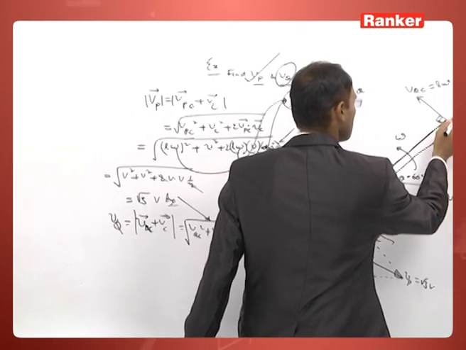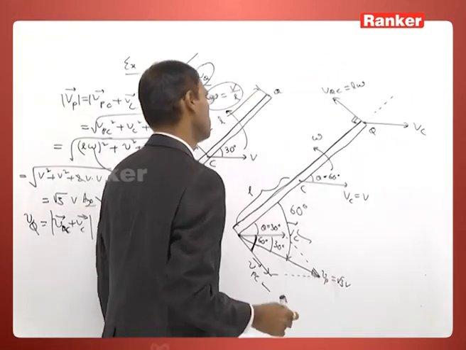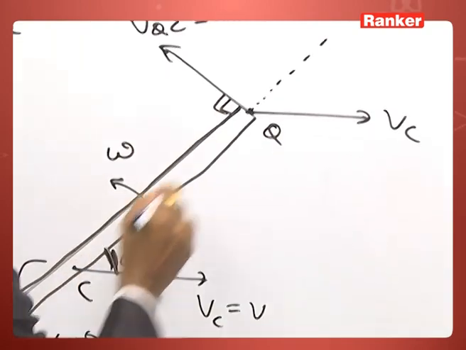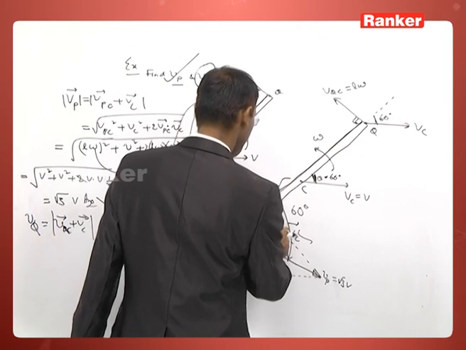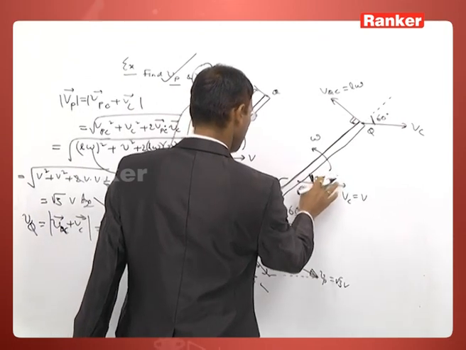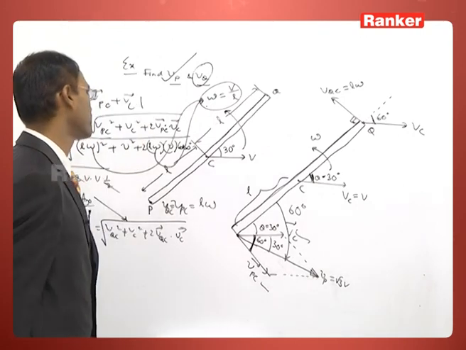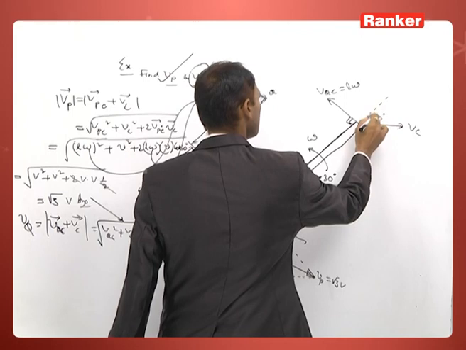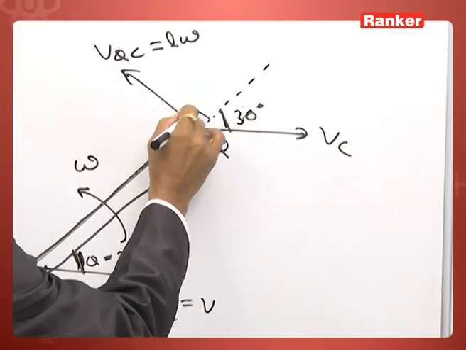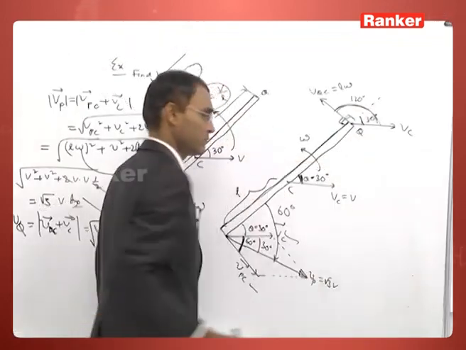Vqc and Vc, the angle between these two, we need to calculate. When this is 60 degree, this is 60 degree. This is 30, therefore this is 30. So, this is 30 degree. When this is 30 degree, this is 90 degree, this angle is 120 degree.